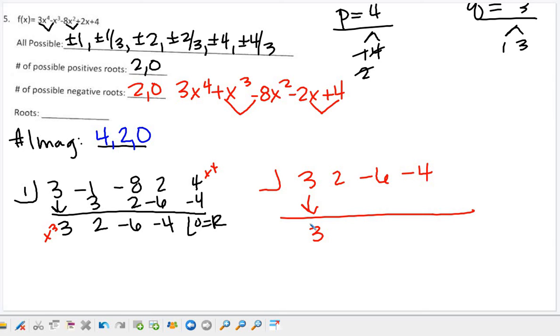Nope. That's it. So negative 2 divided by 3.